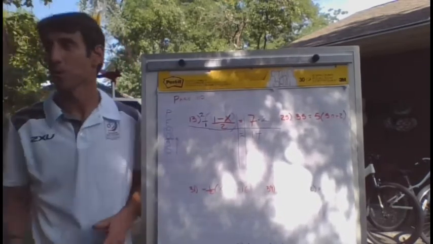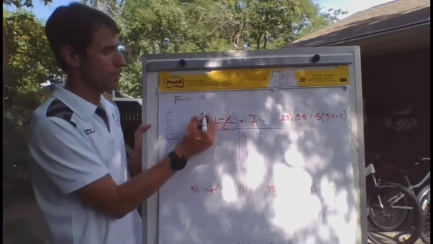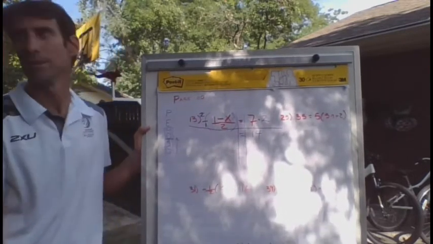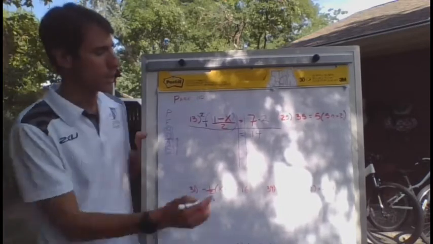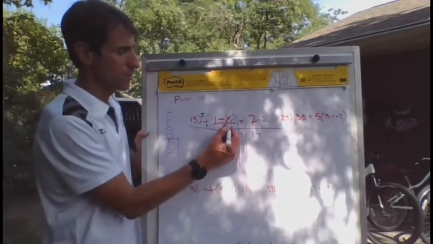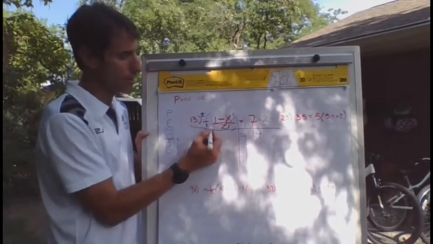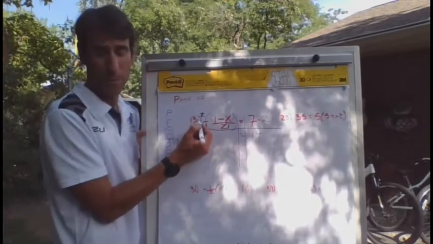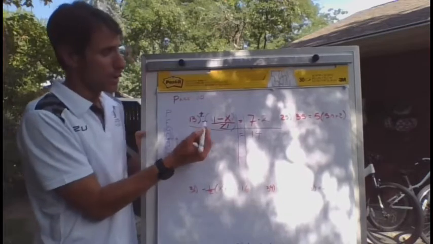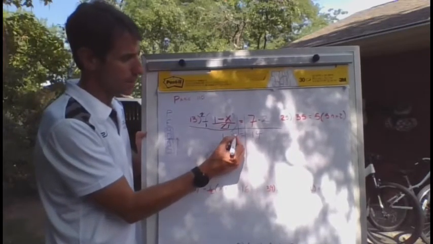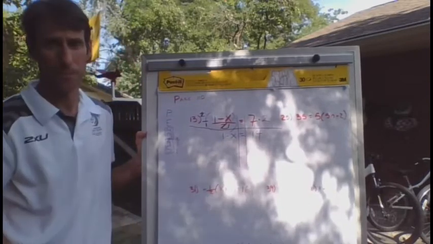This is not a trick question. So 2 divided by 2 is 1. So this denominator now cancels out because we multiplied by 2. So now we just have 1 minus x is equal to 14.